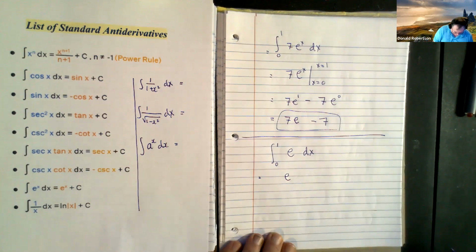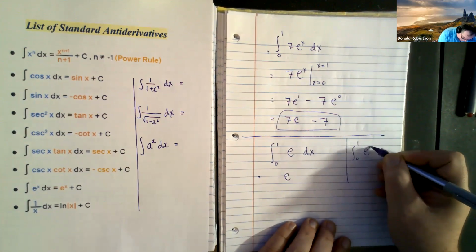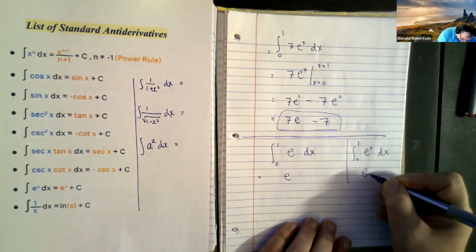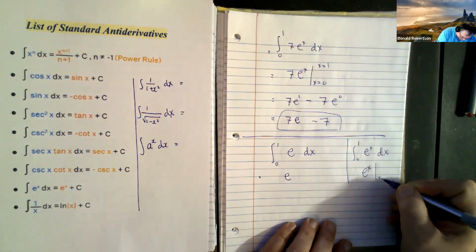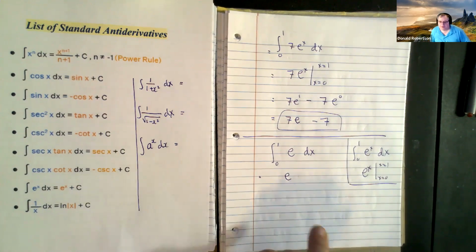It's not e. The integral of e to the x is e to the x. That is true. But what is the integral of just the number e?